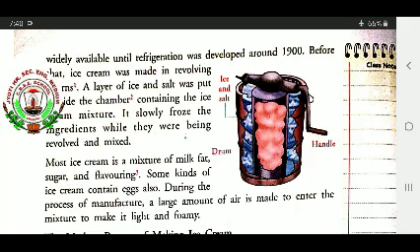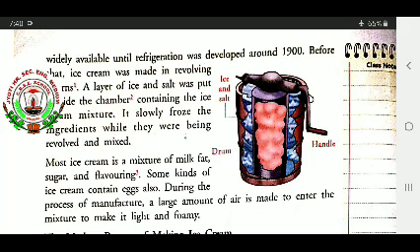So, mostly the ingredients to make ice cream are milk fat, sugar, and flavoring. Flavoring means a substance added to food or drink to give it a particular flavor. That can be any flavor, that is mango flavor, vanilla flavor, anything.